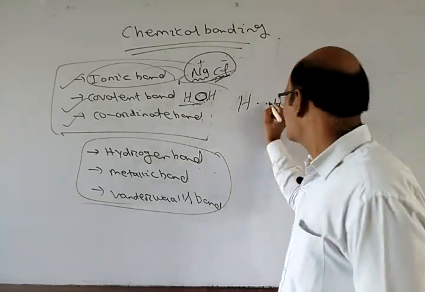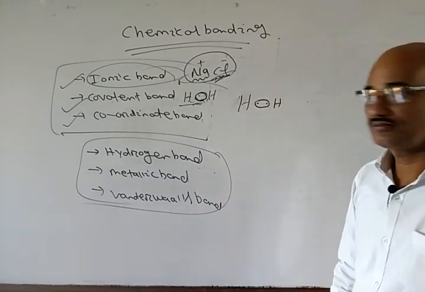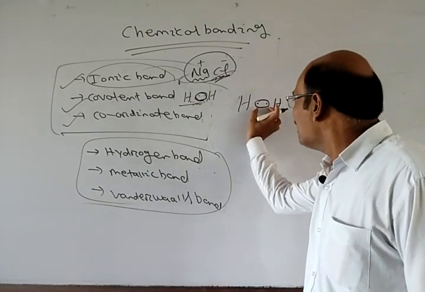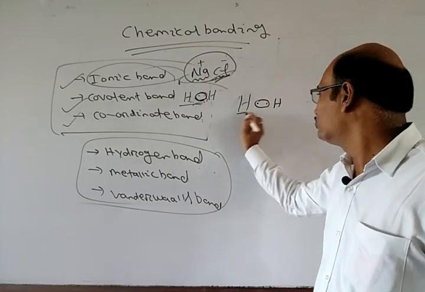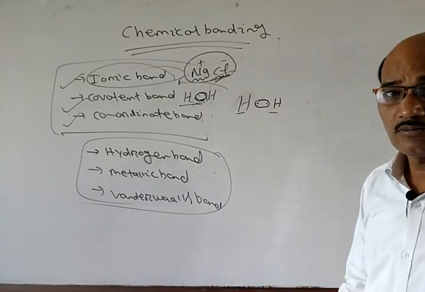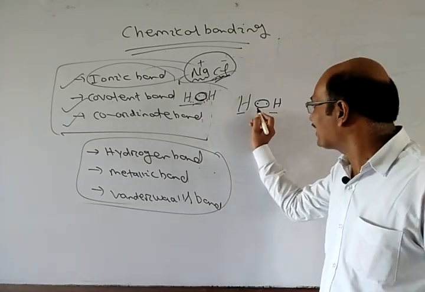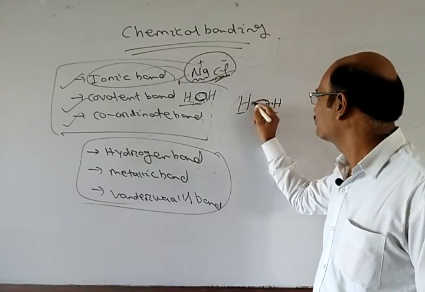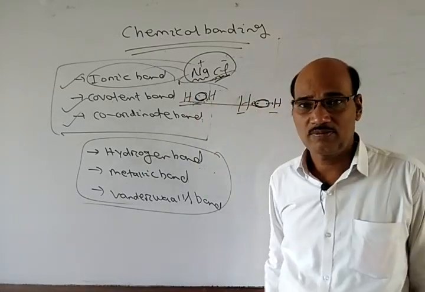They are just sharing the electron pair between these two. This shared pair of electrons becomes the common property of both hydrogens, and a force of attraction occurs which attracts this electron pair towards each one. This is the covalent bond.